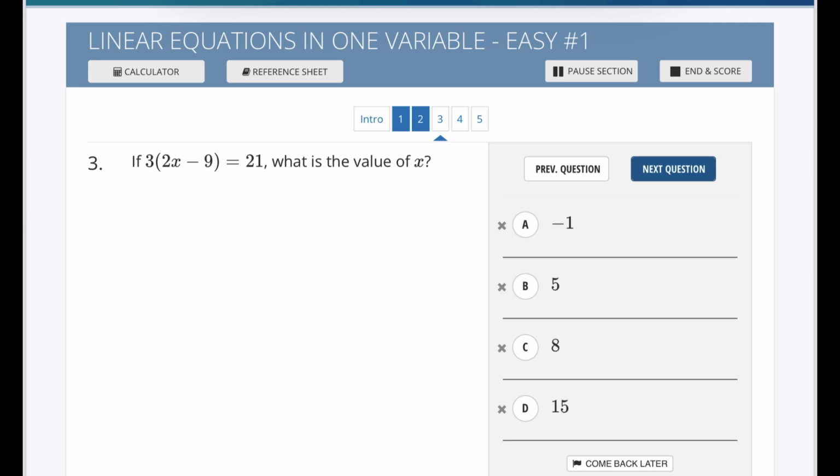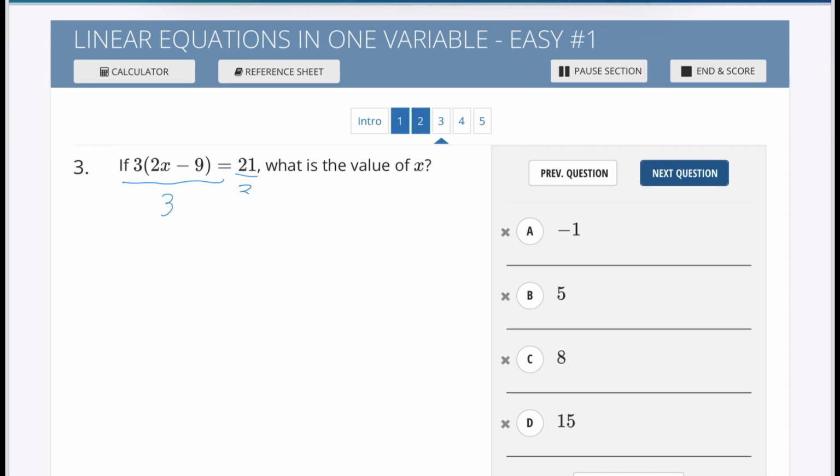So instead, you would have to divide by 3 from both sides. So if you just divide the whole equation by 3, you get 2x minus 9 equals 7. Then all you would have to do is add 9 to both sides, and you get 2x equals 16, which leads us to x equals 8.